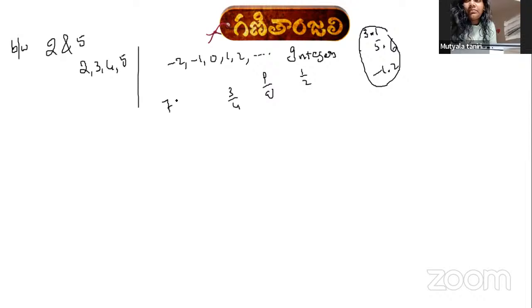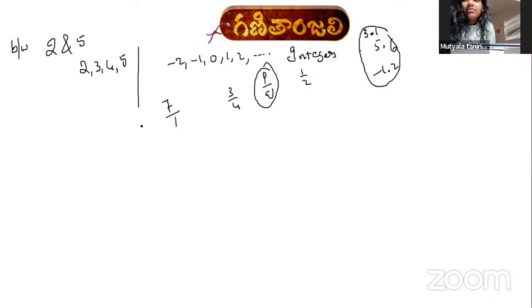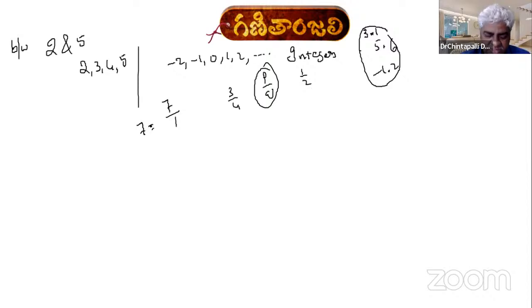Because 7 can be expressed in the form of p by q. That means 7 is equal to 7 over 1. So every integer is also a rational number. In addition to integers, there are fractions also in rational numbers.